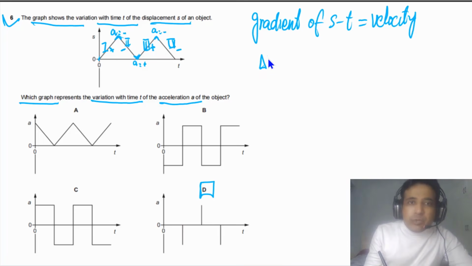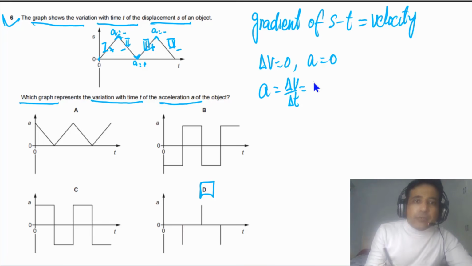Let me explain one more point. If delta V is equal to 0, it means A is equal to 0. So in this case, you can see the final velocity is negative. So if we write down A, this is equal to delta V by delta t for a very short period of time. So this is negative velocity minus negative velocity divided by delta t.